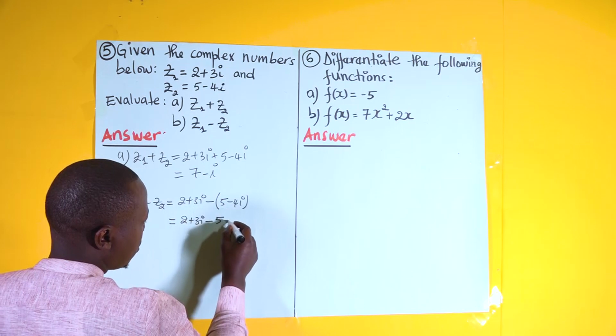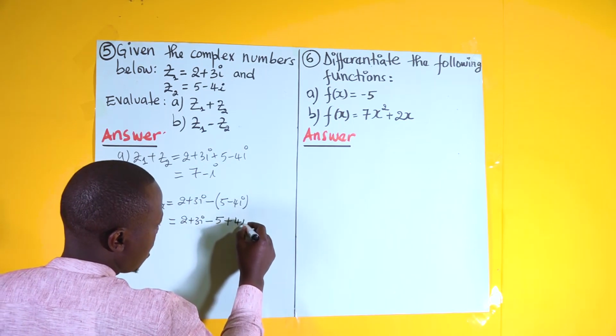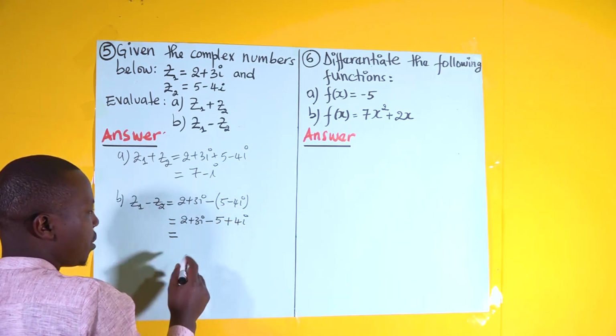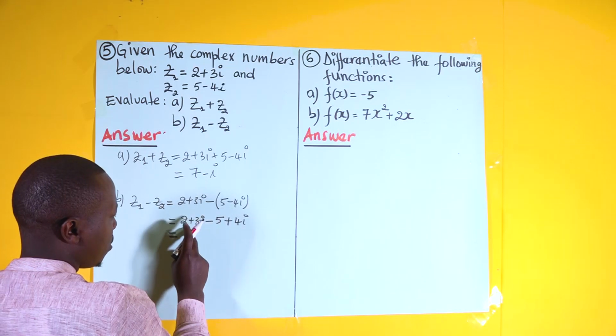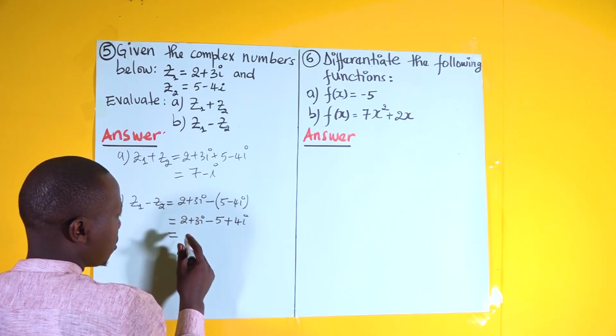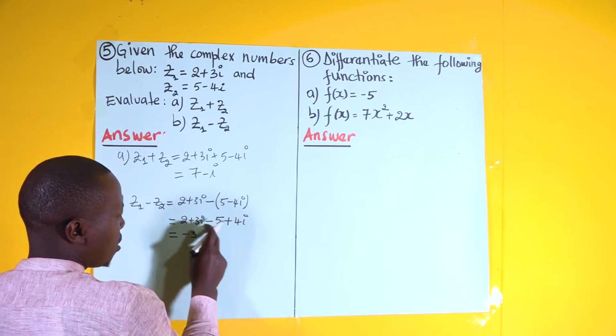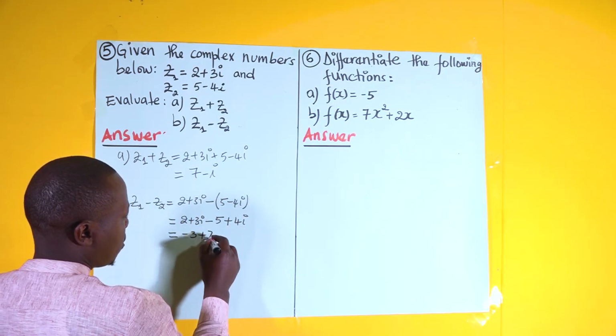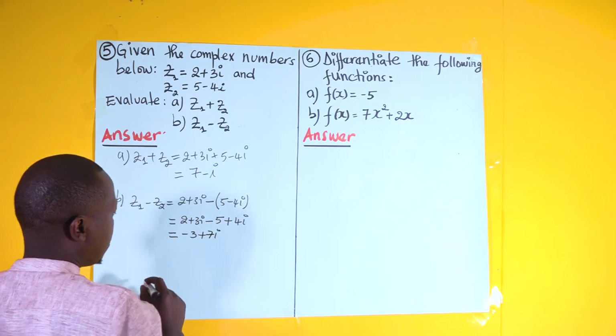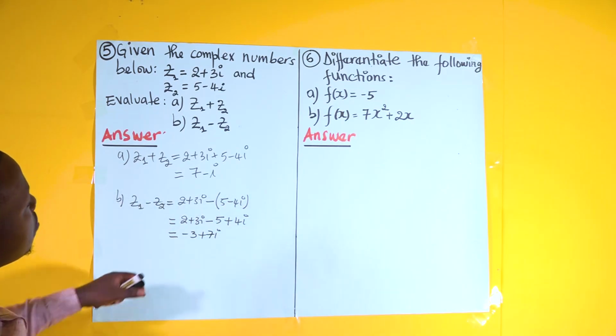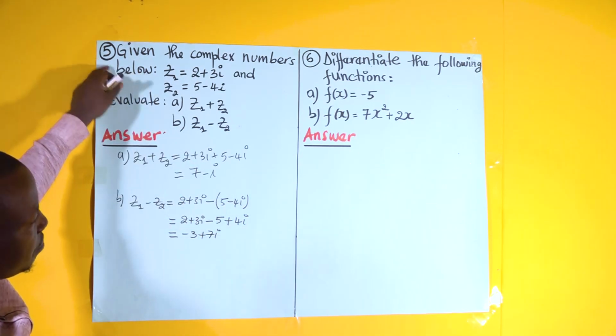Then minus gives us positive, positive 4i. So what's the answer for this? 2 minus 5 gives us negative 3. And then 3i plus 4i gives us 7i. Right? So this is our answer for question number 5.